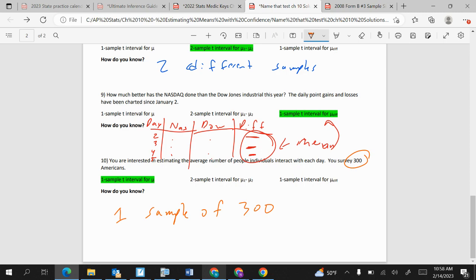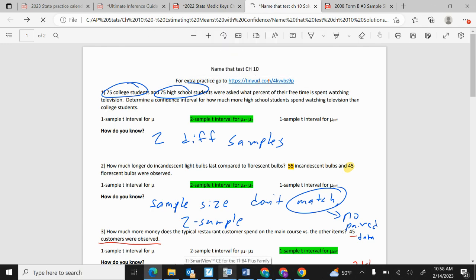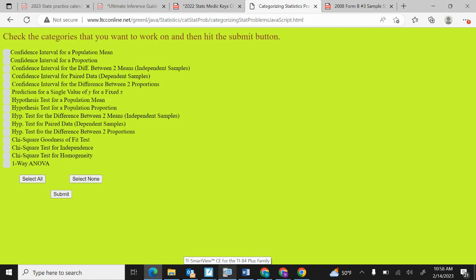So there you go. If you'd like some more practice, this link is actually really helpful. Hold up. So you can come here and then click just the confidence intervals for a population mean.